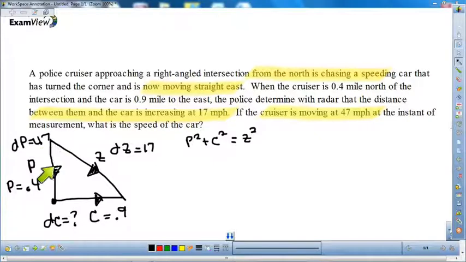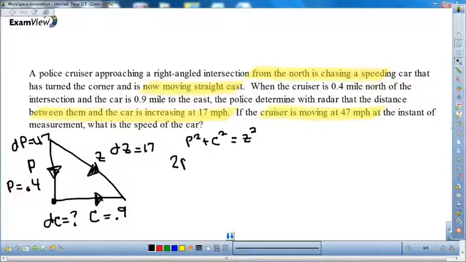The police cruiser is constantly moving, the car is constantly moving, and the distance between them is constantly changing. So nothing is constant. Remember that P equals 0.4 and C equals 0.9 is a specific moment in time, so we need to find the derivative for all moments in time.